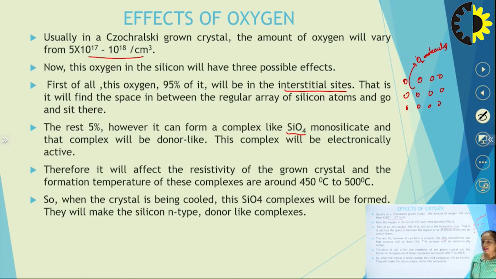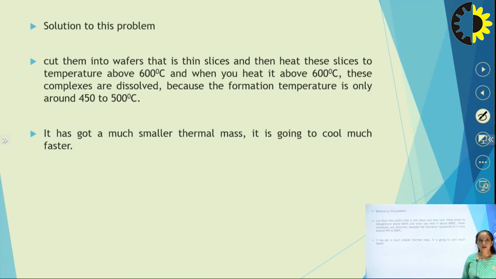These donors are electronically active throughout the process, so they will affect the resistivity of the grown silicon. The formation temperature for these complexes is around 450 to 500 degree C. So, when the crystal is being cooled, this SiO4 complex will form and make the silicon an N-type donor or another complex.